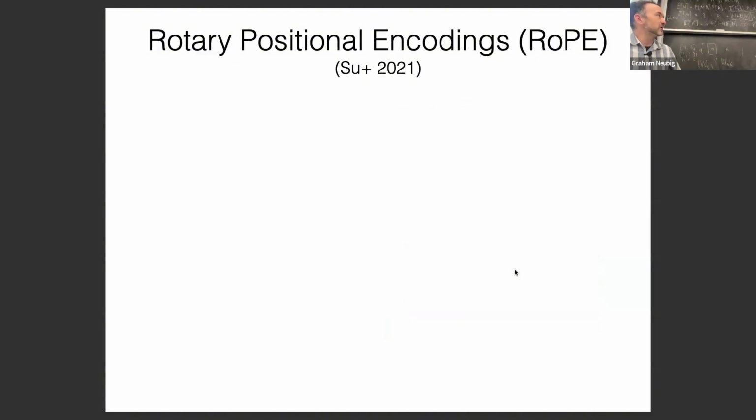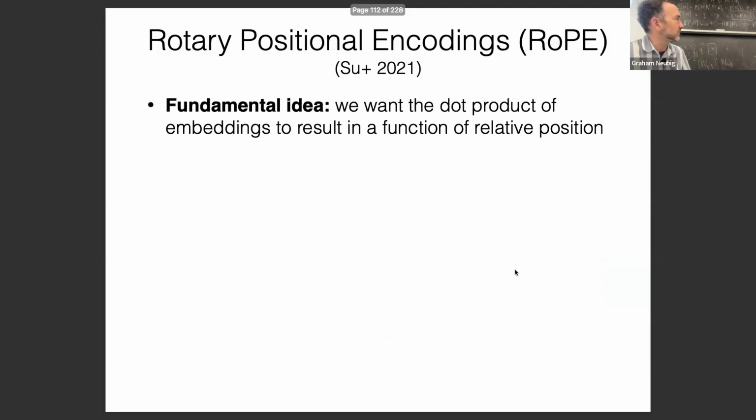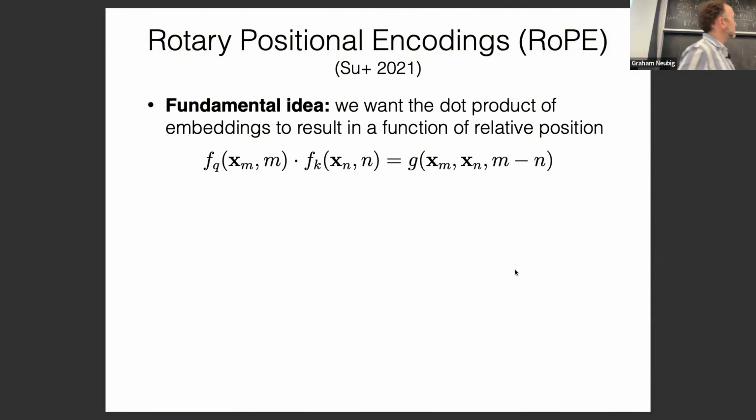And the most popular variety of relative positional encodings right now is something called ROPE, or rotary position encodings. The basic idea behind it is that you want the dot product of the embeddings to result in a function of relative position. This is the fundamental assumption.